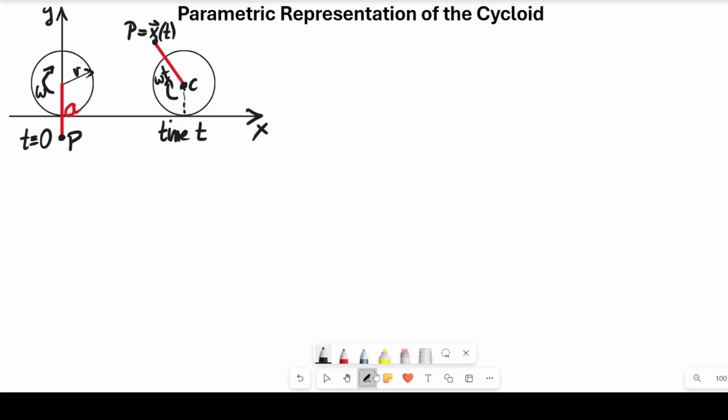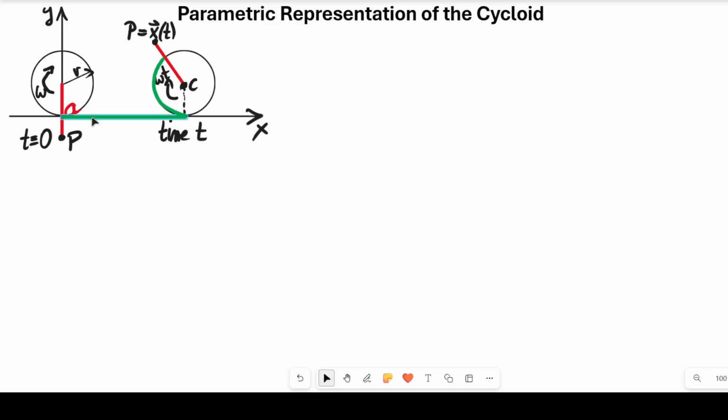What else can we observe here? We can see that this green distance actually must be the same as the unrolled arc length here. Probably I have to shift the whole thing a little to the left, but it's only a qualitative sketch. So once again, this unrolled arc length should be the same as this distance here.